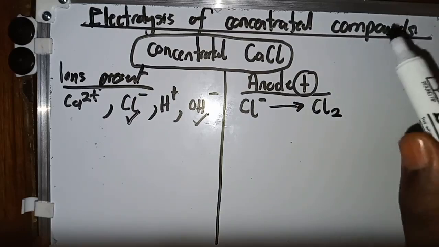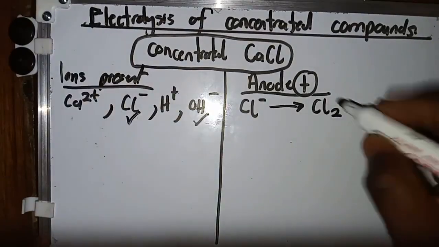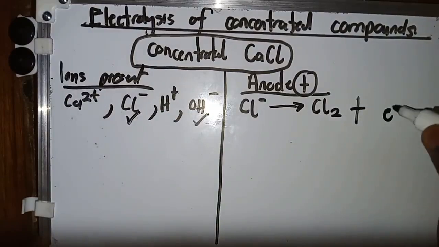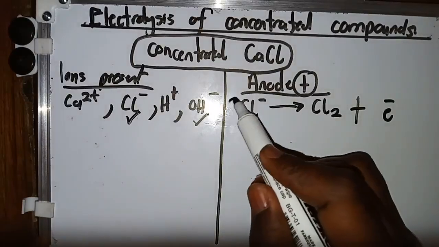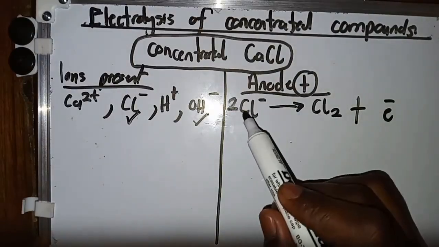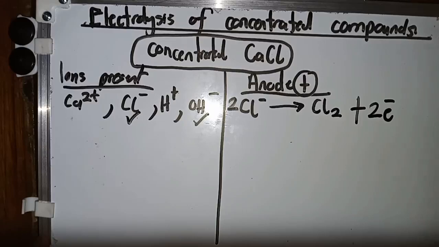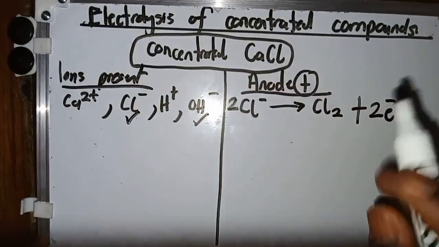Chlorine is diatomic, it's in that group 7 formation which I showed you at the periodic table. So chlorine, Cl2, plus what? We don't know how many electrons. First we balance. We have 2 chlorines, put 2 here. How many electrons will go to the ions? 2 times 1 will get 2 here. So this will be the anode.